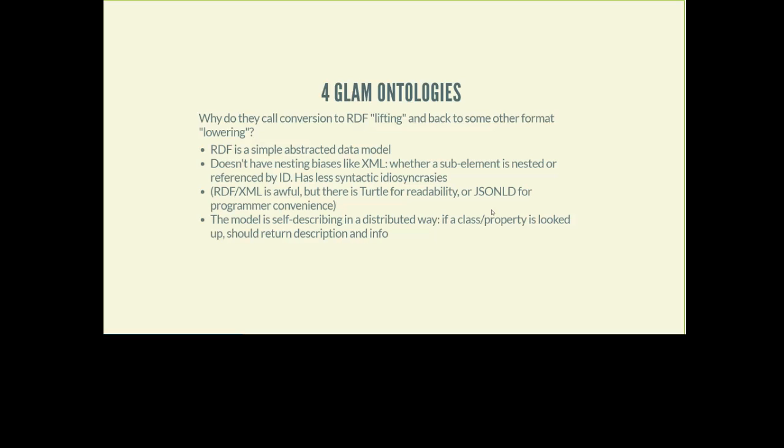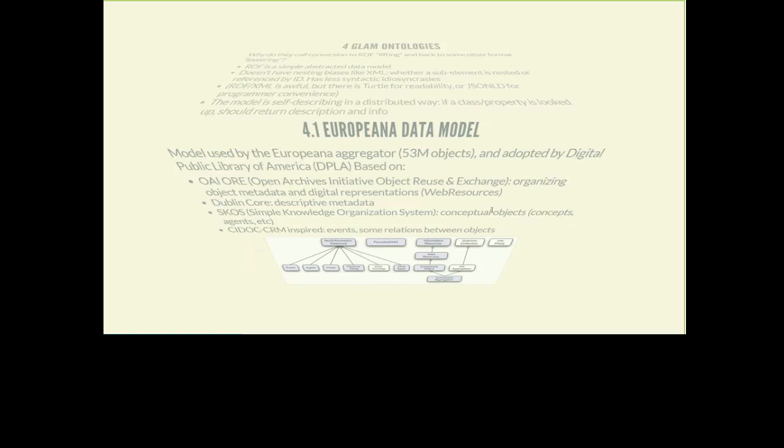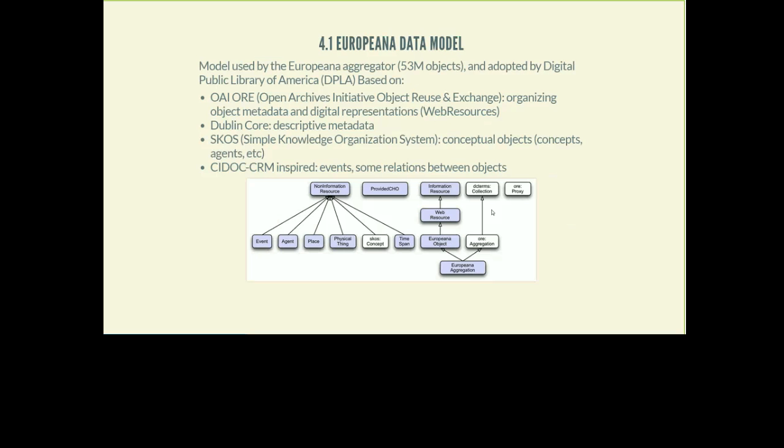I'll start with the Europeana Data Model. Europeana is the European aggregator. It has collected 53 million objects to date. The same model has been adopted by the DPLA, Digital Public Library of America. This is a relatively simple standard. You see below all of the classes. So really the payload is Dublin Core.